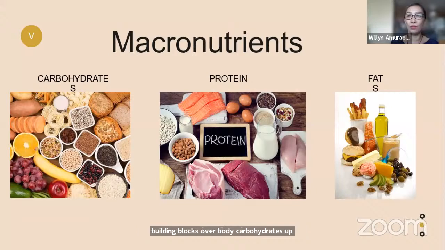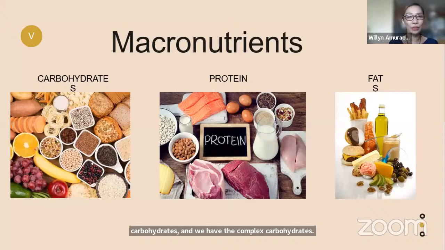Carbohydrates are made of tiny chains of sugars, and should make up 45 to 65 percent of a healthy diet. Some carbohydrates are also worse than others. So from the carbohydrates, we have the simple carbohydrates and we have the complex carbohydrates.